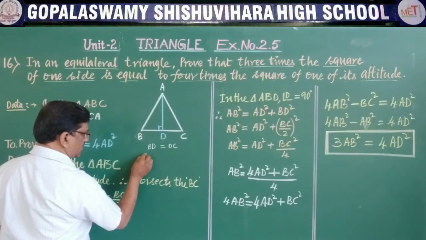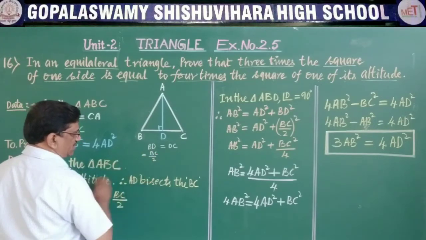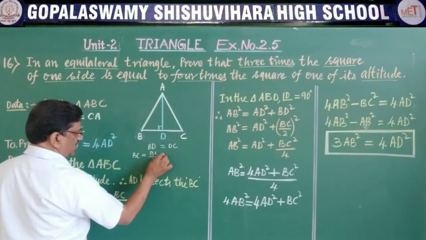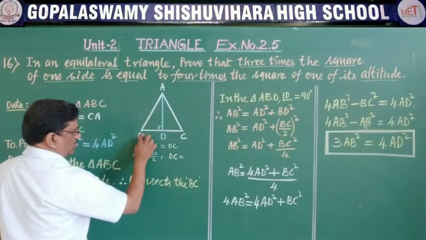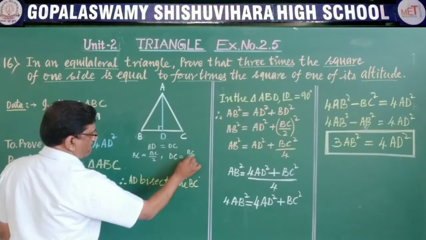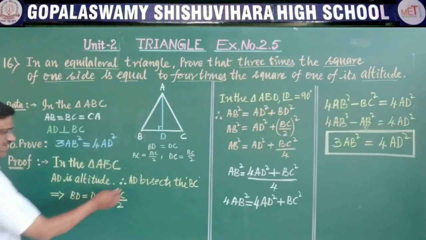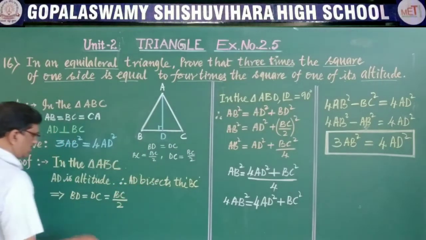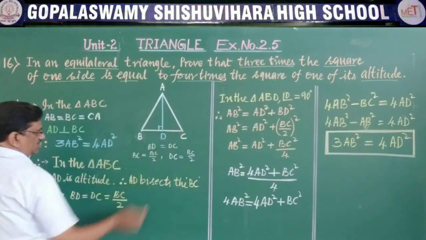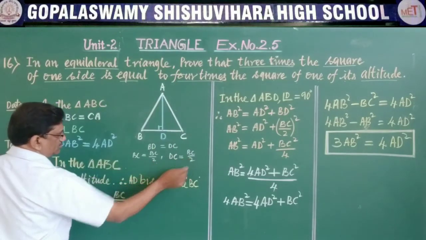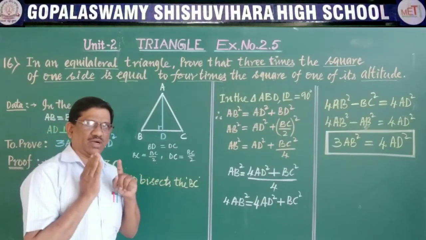So BD is equal to BC by 2. Similarly, DC is also equal to BC by 2, half of the whole length. Clear, children? So AD bisects BC. Therefore, BD is equal to DC is equal to BC by 2, because it has divided the whole length into 2 equal halves.